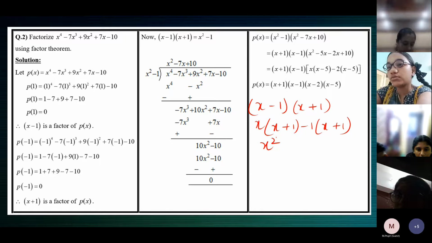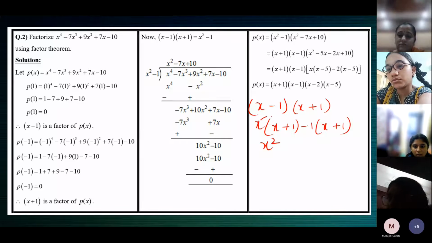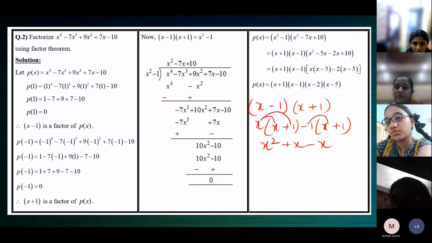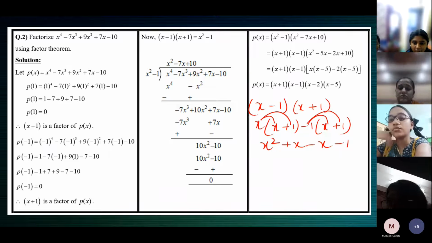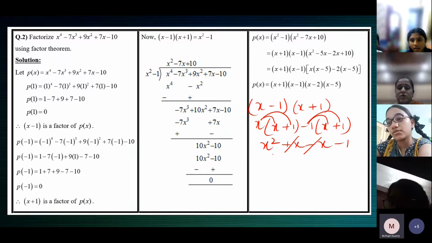How do we multiply? Minus x minus 1. Now what will get cancelled? So what is the result?